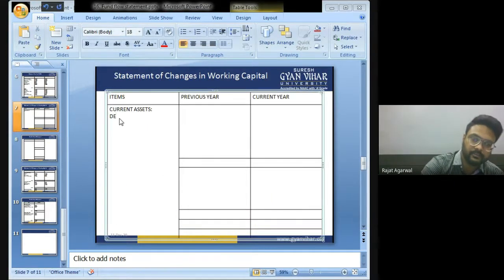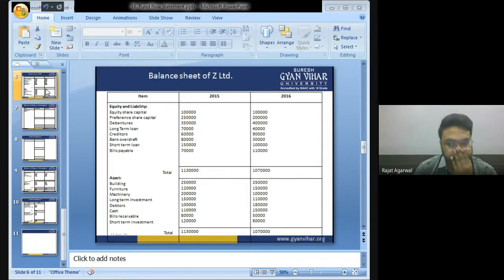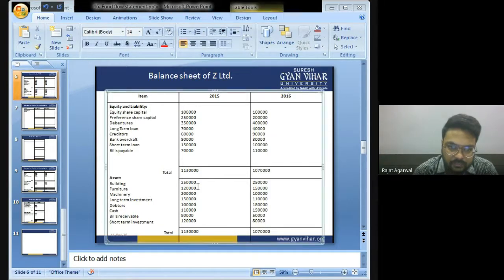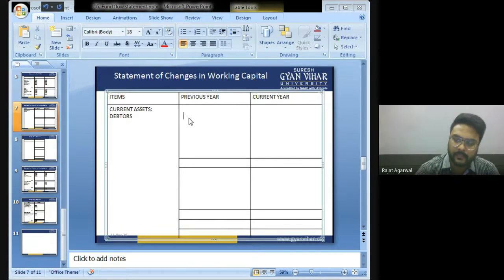Debtor. In the previous year debtors were 1 lakh and in the current year debtors are 1,80,000.